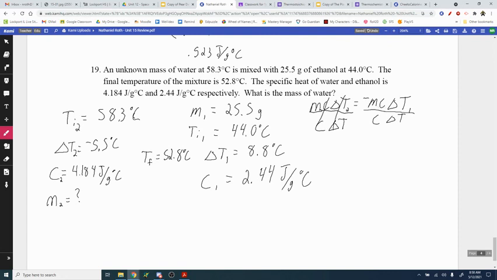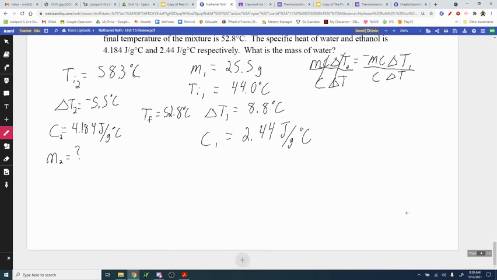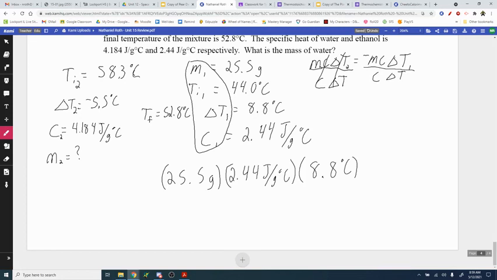So we are now just going to plug in our numbers. I'm going to scroll down here a little bit. So that's going to be 25.5 grams times 2.44 joules per gram degrees Celsius times 8.8 degrees Celsius. So that's all the ethanol stuff, all this side stuff. Okay, that goes on top.